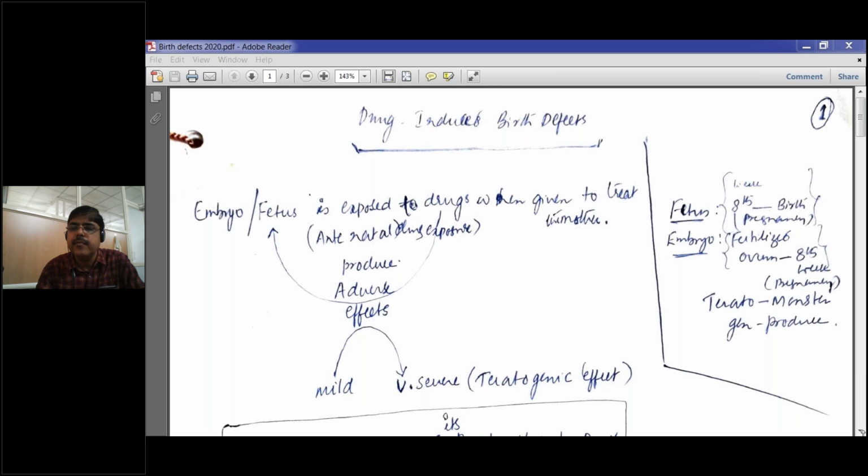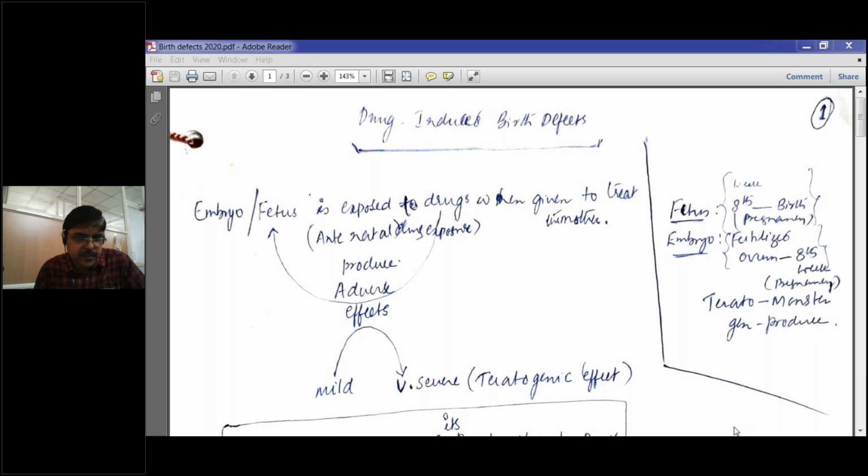Depending on the drug, the severity will change. Your answer is correct, but I wanted a different answer. So you mean to say that a severe effect is not produced?